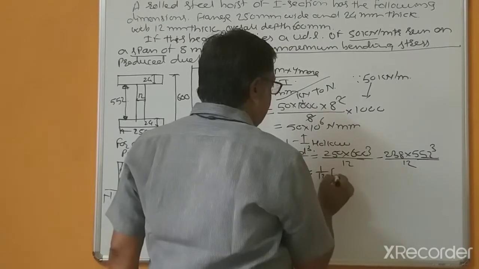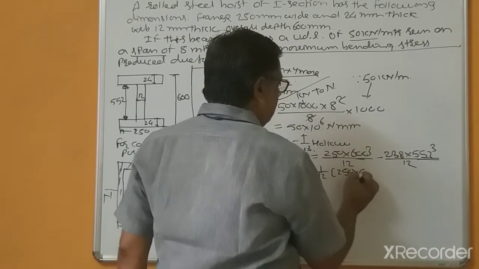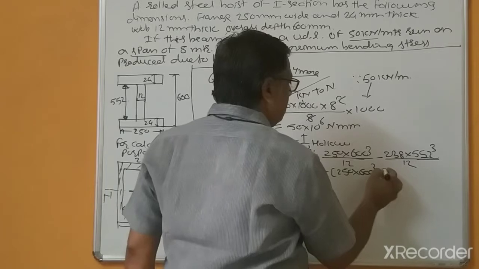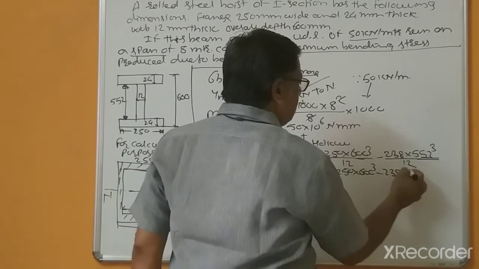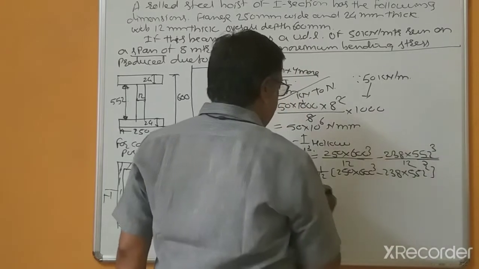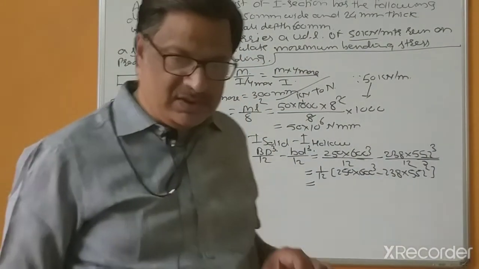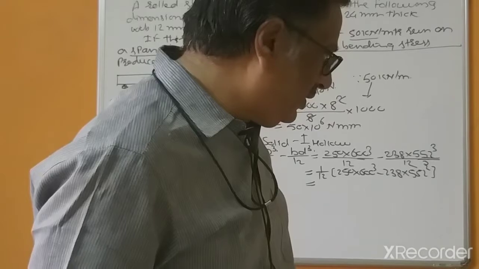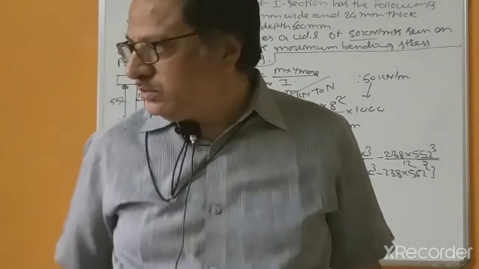I take 1 divided by 12 common for simplicity of the calculation.